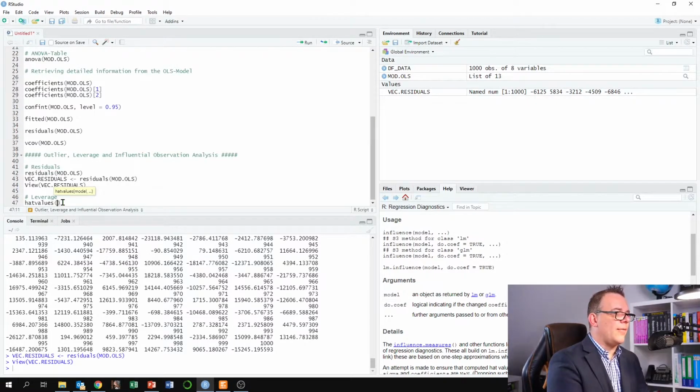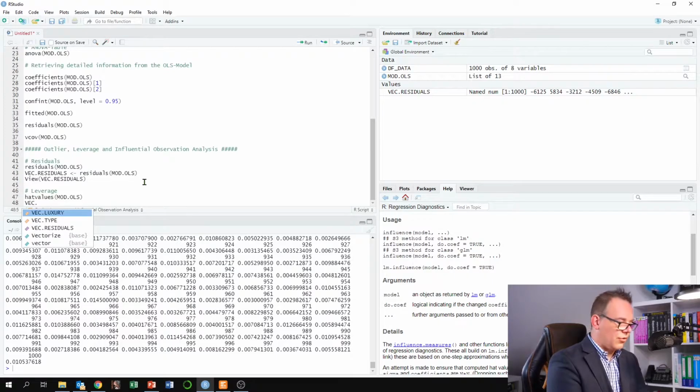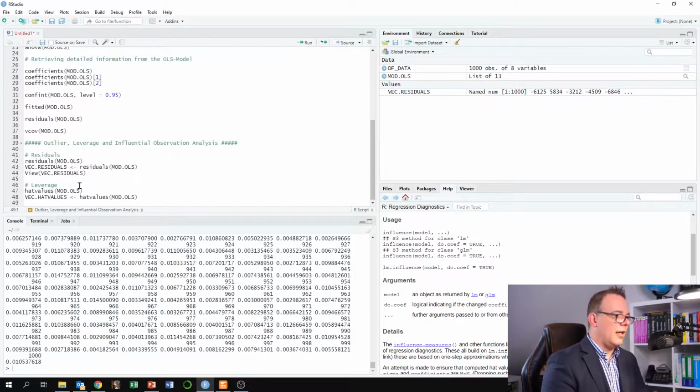And of course, we have to hand over again the model OLS, and here are the hat values. Again, I apply a vector, hat values, and hand over this command.